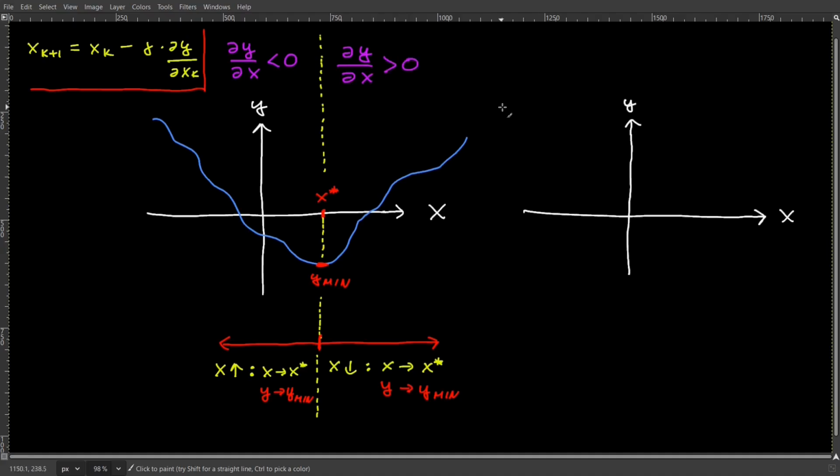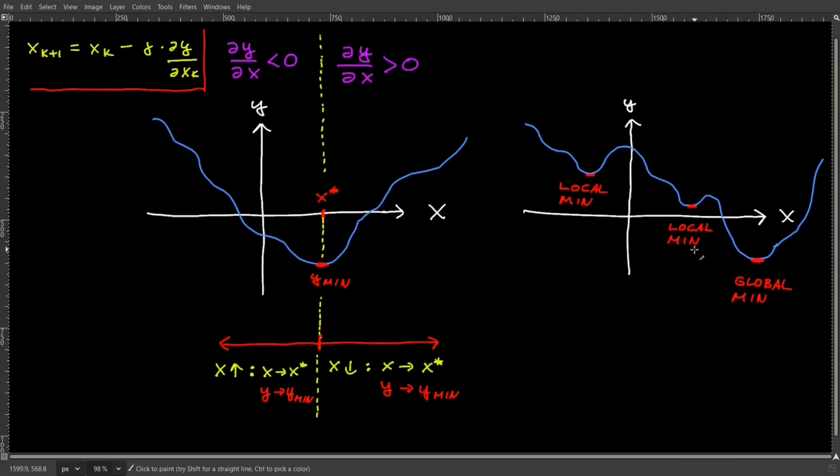And this equation will work because on the left side, this derivative is negative, and on the right side, it's positive. Of course, one big limitation with this gradient descent method is that when you have something like this, you have several minimum points. You have the global minimum, but also a local minimum. The danger is that you can get stuck in a local minimum.